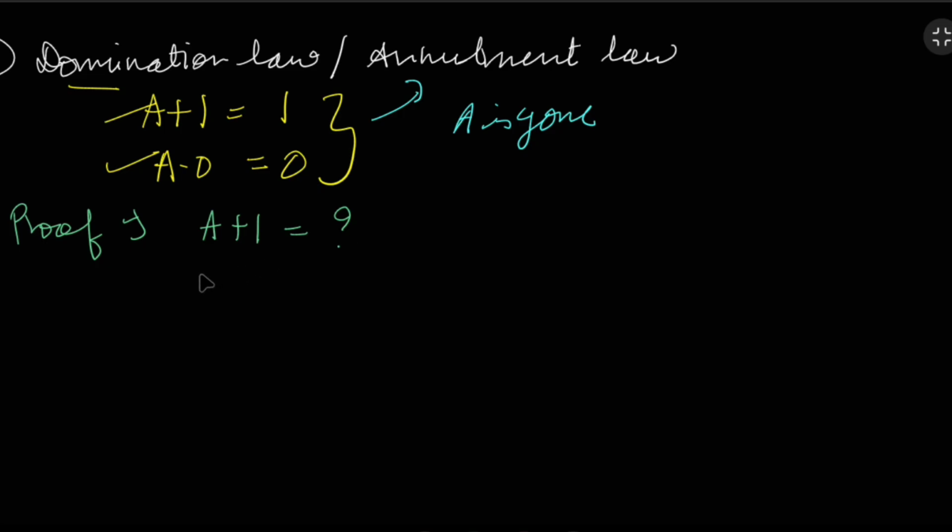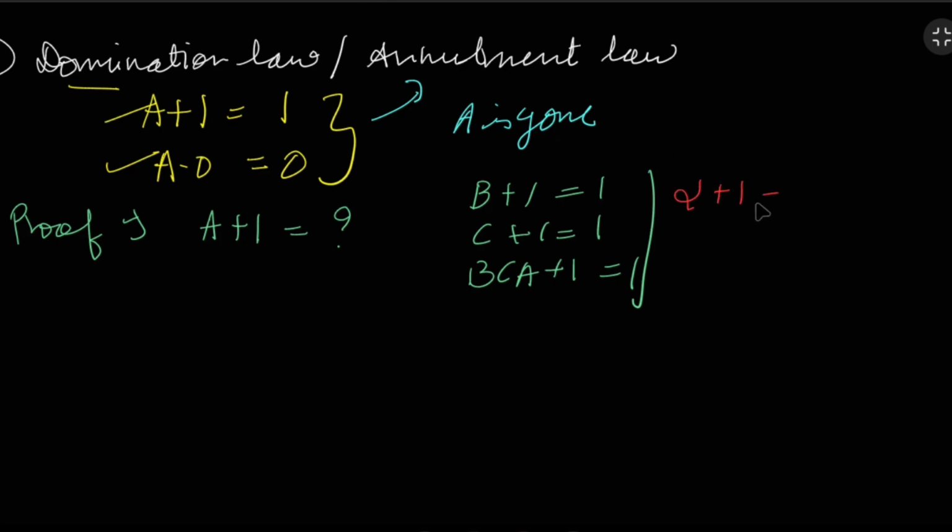B plus 1, C plus 1 is 1, BCA plus 1 is 1, alpha plus 1 is 1. So that's how it works. Right? 1 dominates the OR operation and 0 dominates the AND operation.